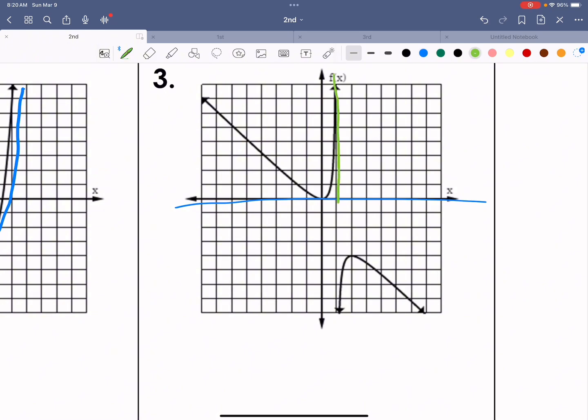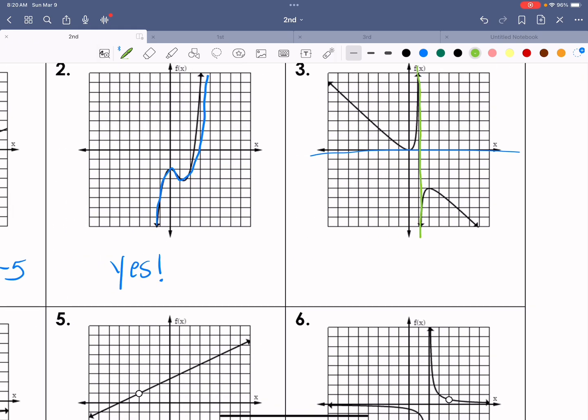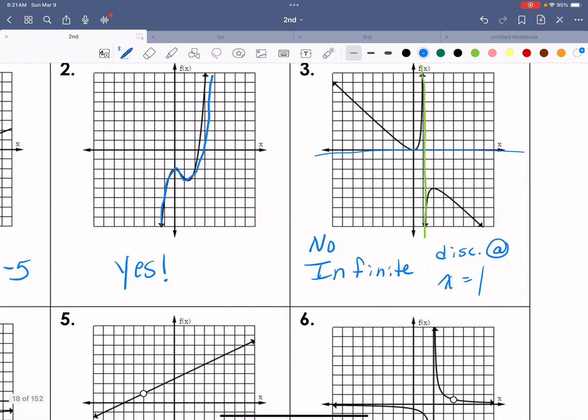Well, it's right here, because these graphs approach 1, but they don't actually go across it. So this is a no, it is discontinuous, and the type is an infinite because it goes all the way up and down, and it is discontinuous at x equals 1.